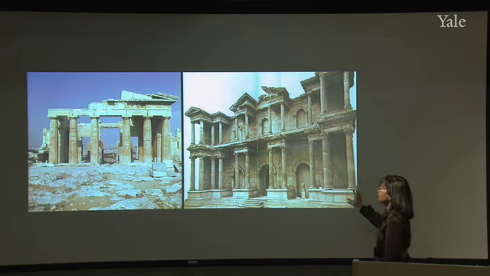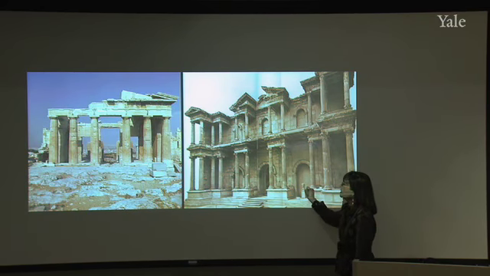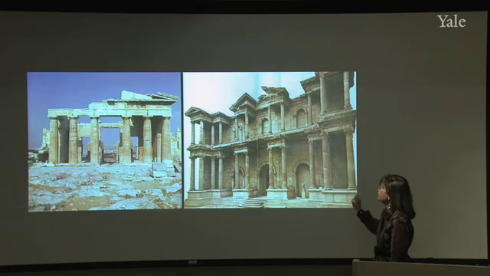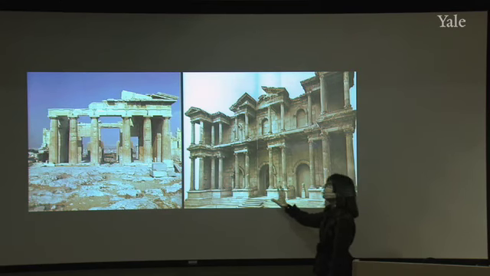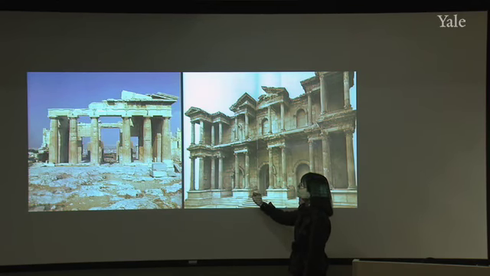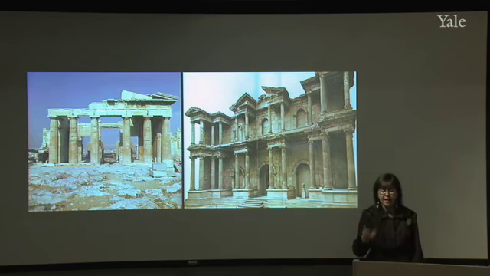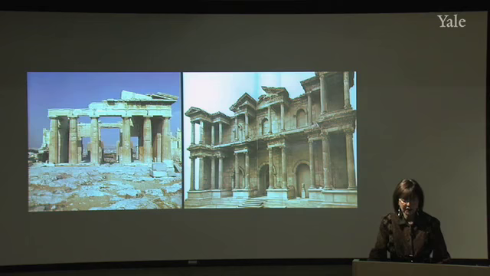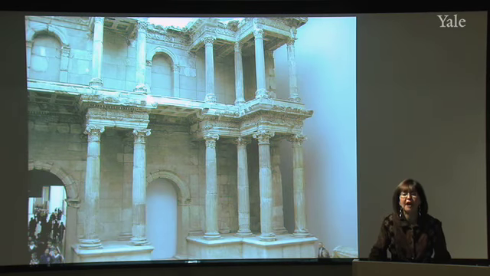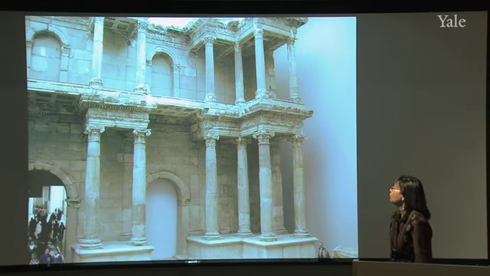Very different in this gate in Miletus in the 2nd century AD, where you can see that the columns are no longer used for structural purposes, but mainly to decorate and to enliven and to add motion to the structure in a way that is entirely out of keeping with these important Greek precedents.